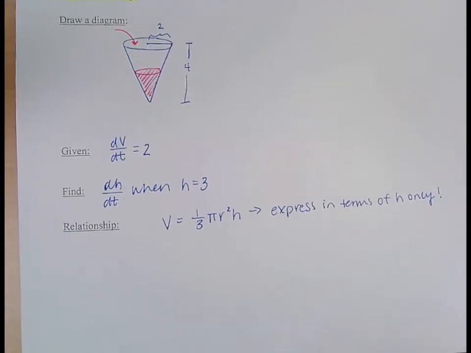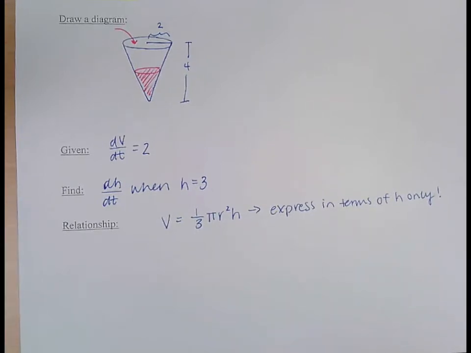So if you have a problem like that, and we would have found this out too, if I find the derivative, I'm going to have dr/dt somewhere in there, and I have no information about that. And that's a clue that we should be able to get rid of it somehow. But that would come before you actually take the derivative, is get rid of the r. So what I have to do is substitute something in for r.